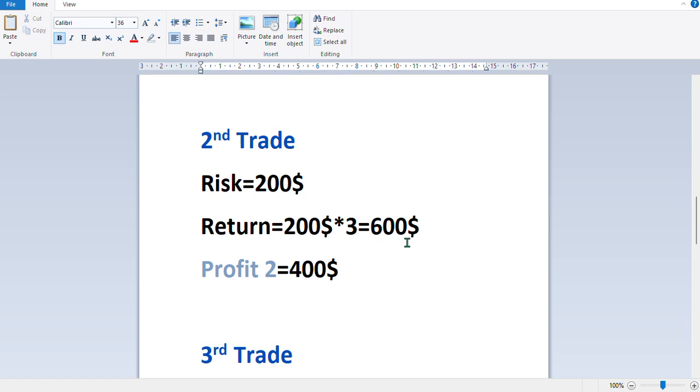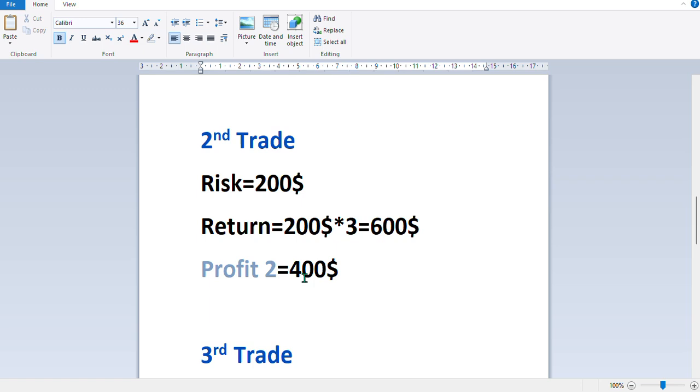So we will be risking $200 while looking to make $600 on that particular trade. And if this trade turns out to be a winner, we will make a profit of $400 in our second trade.